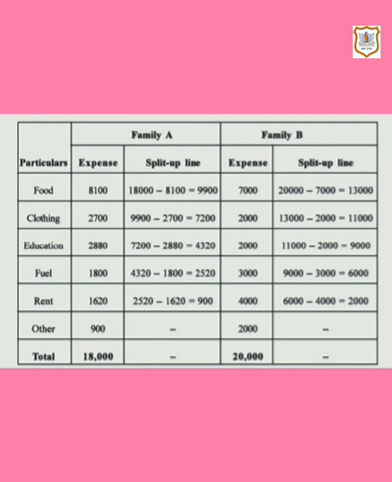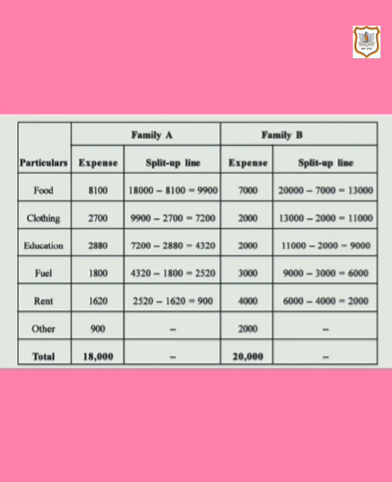Next, 2520 minus rent expense, 1620, gives you 900. And last, 900 minus 900 is 0. This way we have taken out the split up line for family A, on the basis of which the simple divided bar diagram can be drawn.